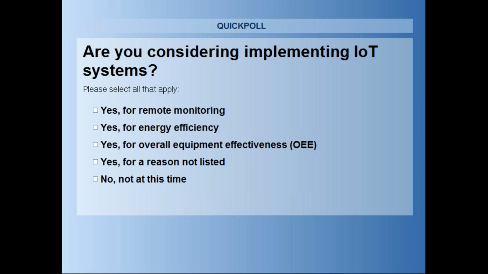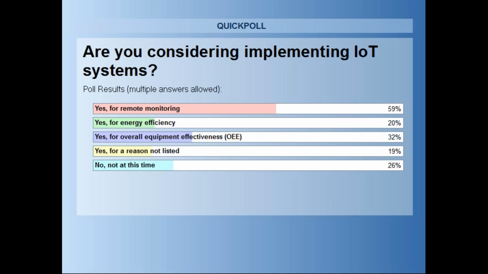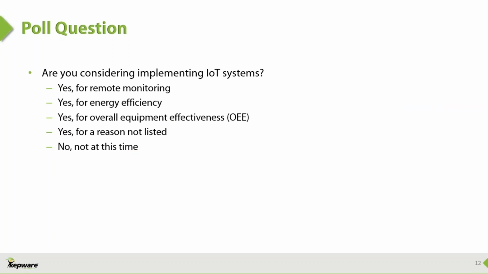Go ahead and vote in the poll. I'll leave that open for a few more seconds. Once enough people have voted, which it looks like a large majority have, I'll close this out and share the results with you. So it looks like a lot of people are looking at remote monitoring and perhaps OEE, or overall equipment effectiveness, so that's great. Eric, I'll let you continue with those use cases.